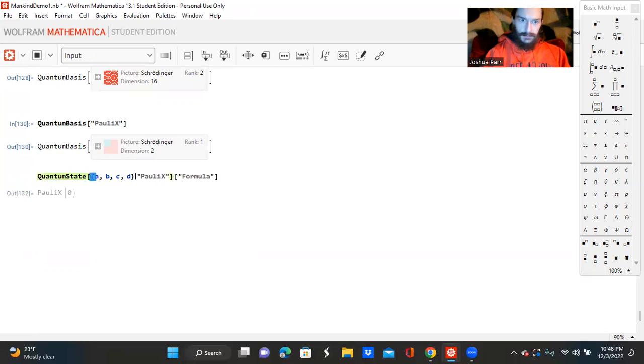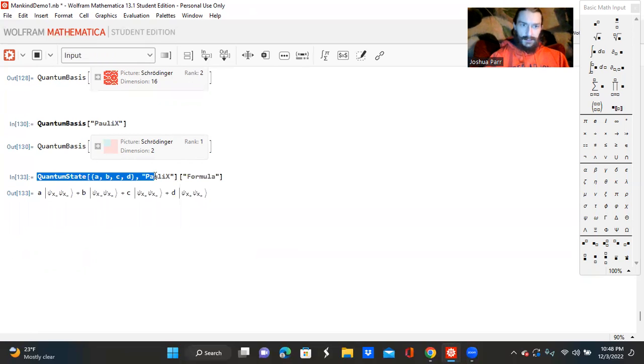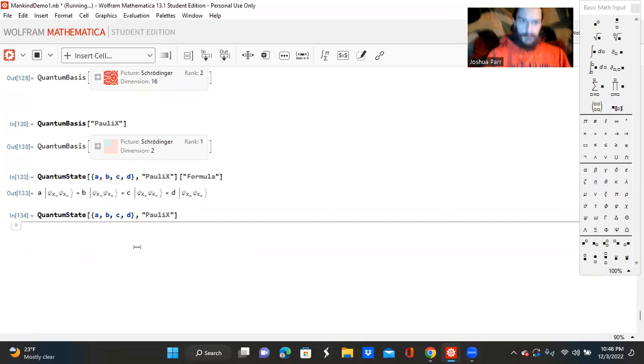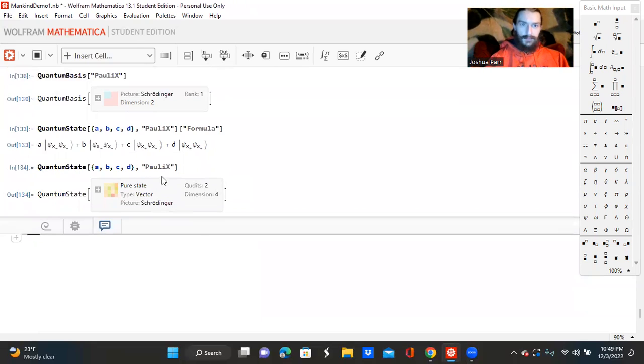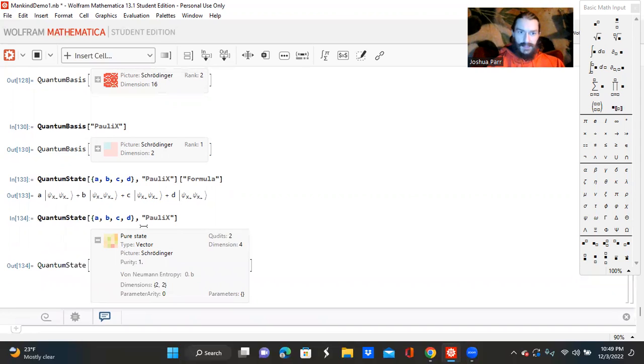C and D. And then there we go. Now let me show you what that looks like. Now I have a four-dimensional version of this quantum basis Pauli X, but it's a state now. It has states A, B, C, and D, and they each have their Pauli X variation of the minus and plus.